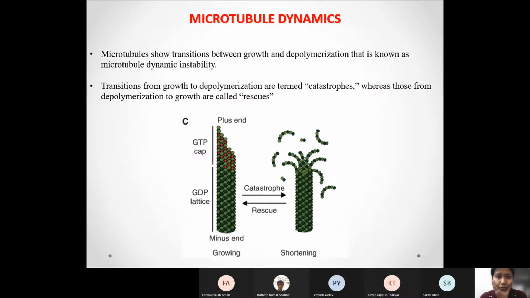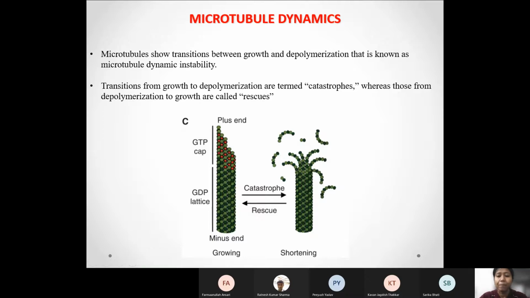All right. And we have also understood that microtubules are unique because they are very dynamic, they undergo something called catastrophe. And I've already explained that a bit before, where I said that as long as you have this GTP cap, the structure is kept intact, but the moment the GTP cap is lost, this is how the protofilaments seem to dissociate.